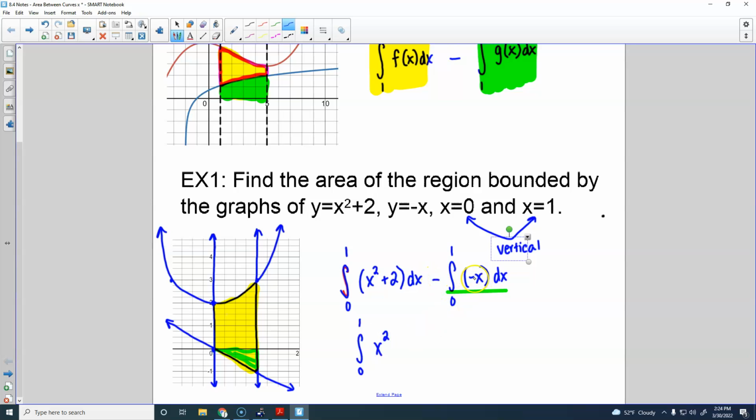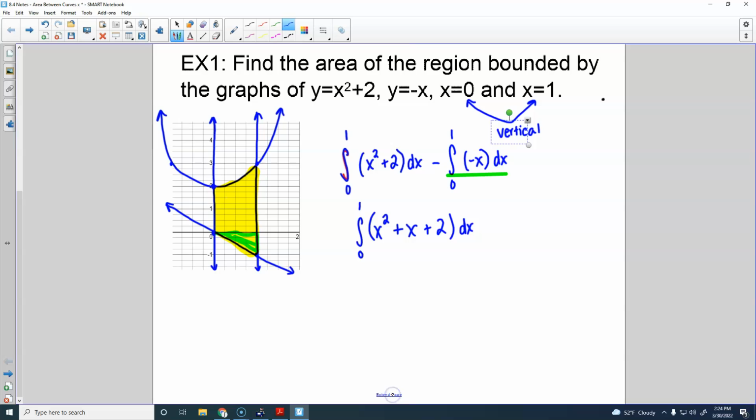This negative and this negative right here will cancel out, and you'll get a positive x plus 2 if we combine those together. And so to integrate here, we're going to get x to the third over 3, plus 1/2 x squared, plus 2x. And then we'll integrate that from 0 to 1.